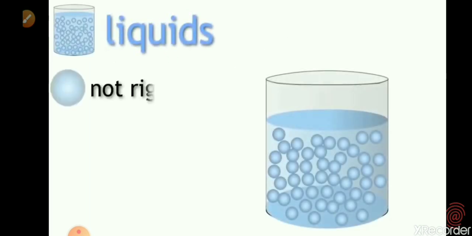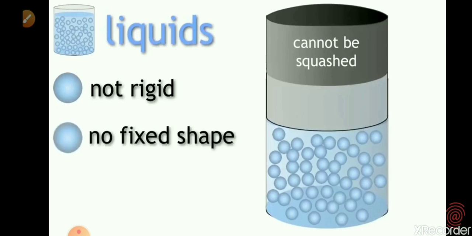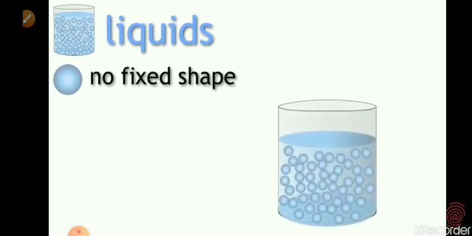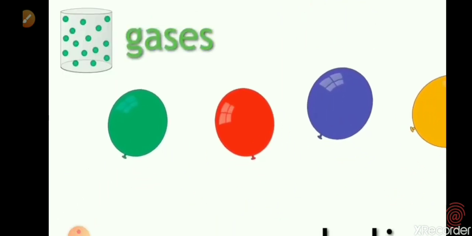That's why liquids are not rigid and they cannot be compressed. Liquids do not have a fixed shape, but they have a fixed volume. Many of us think that liquids have no fixed shape as well as no fixed volume, but that is not right. Liquids have a fixed volume.